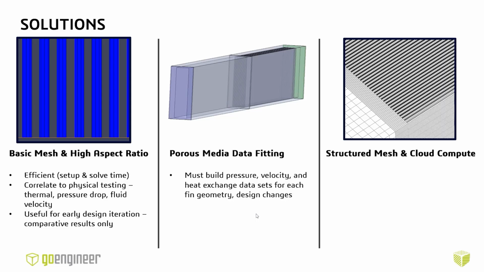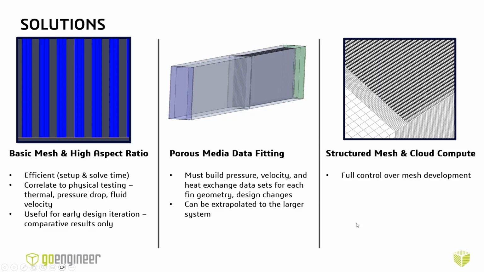If I was going to change the height of the fins, the width of the fins, the density of those fins, pack them closer together or further apart, I would have to regenerate that porous media data. Just keep that in mind. But again, the benefit, you can do that for just a couple cells, just a couple fins, and then you can extrapolate that to the larger system.